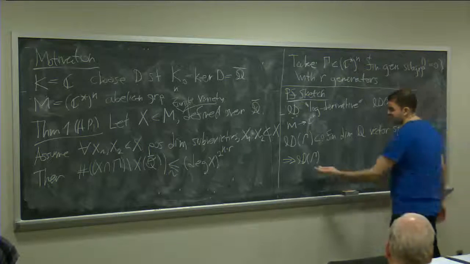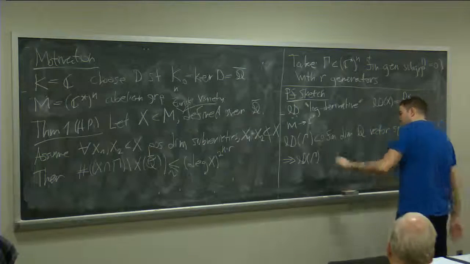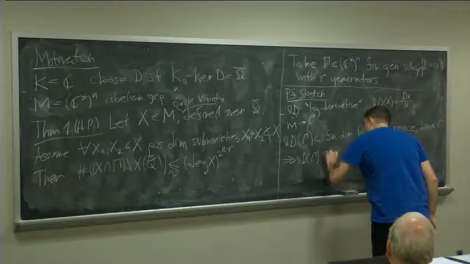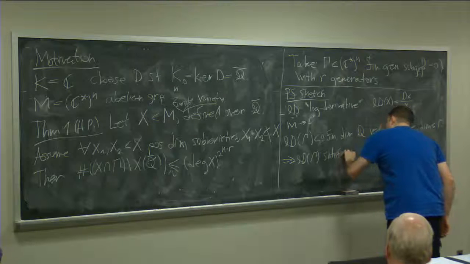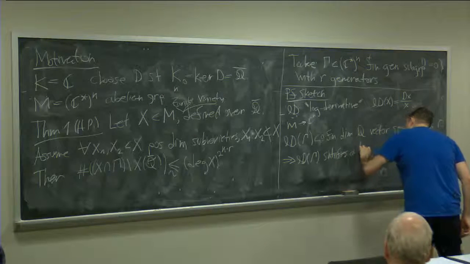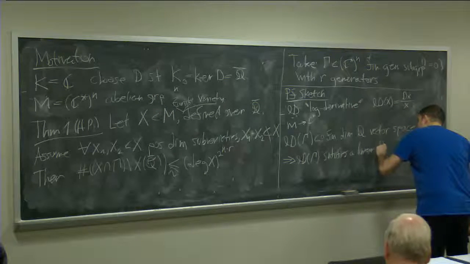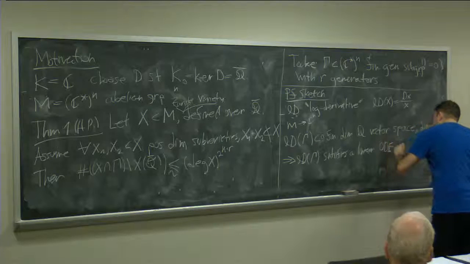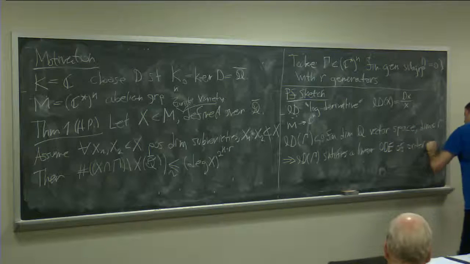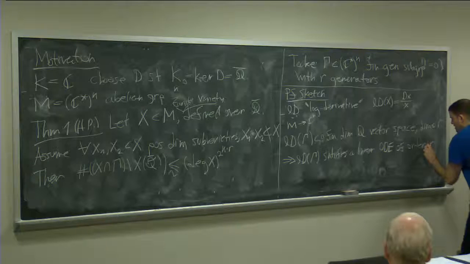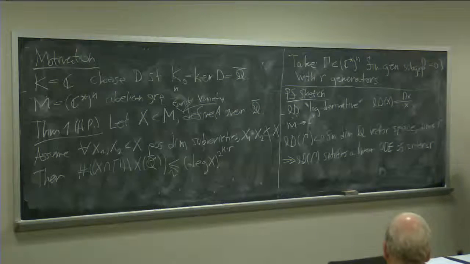So it means that this LD of gamma satisfies a linear ODE of order less than or equal to R. Now here we're using some intuition from differential equations.